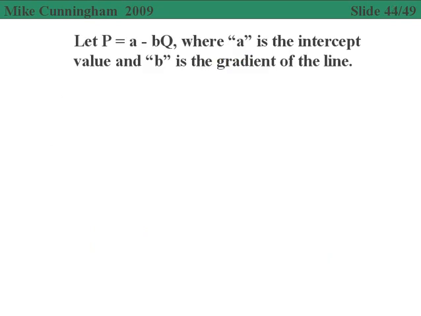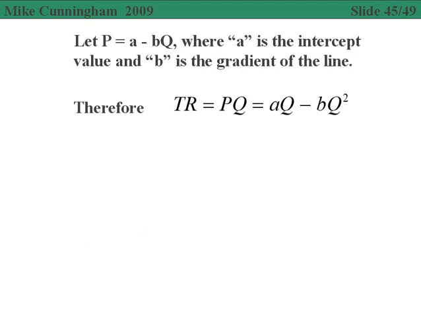So we'll let the price equal A minus BQ. A is the intercept term and B is the gradient of the line. Now if we multiply by Q, total revenue is equal to price times quantity. We know what price is. Price is equal to A minus BQ. That's a straight line.